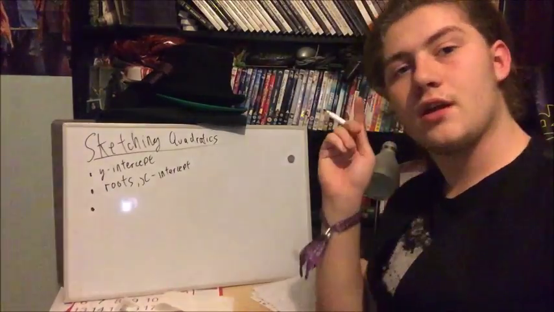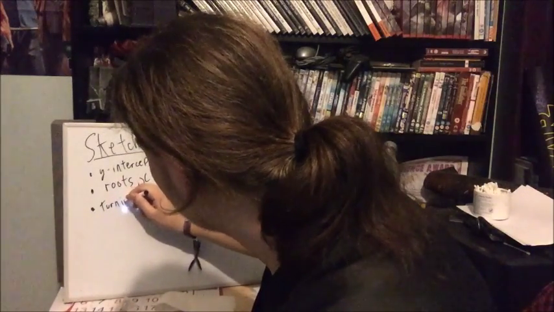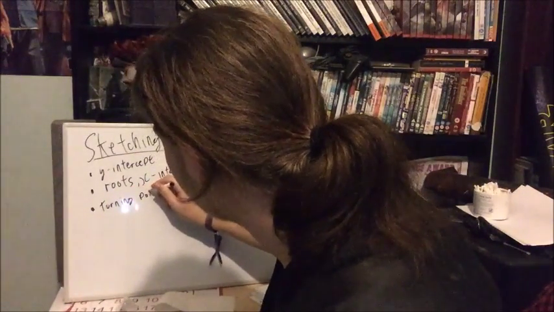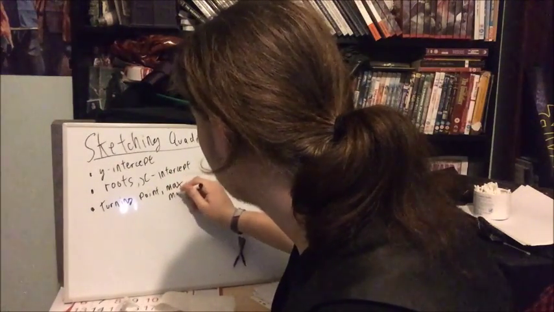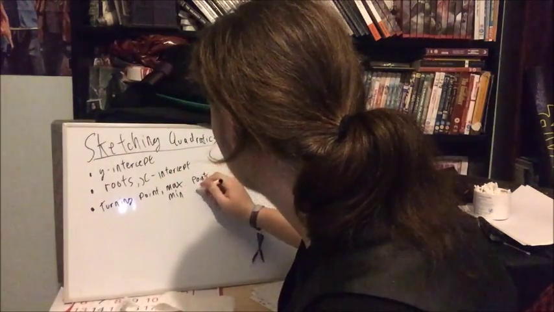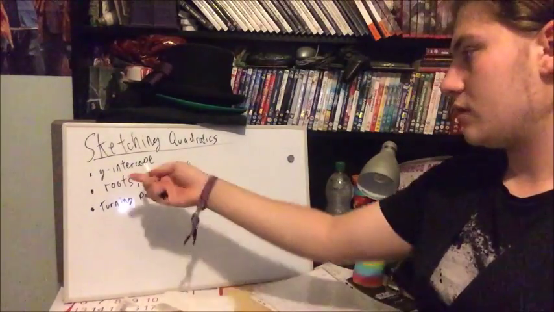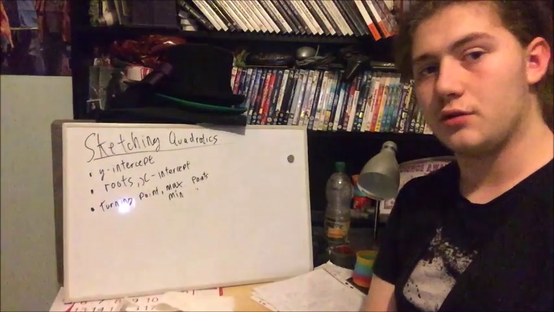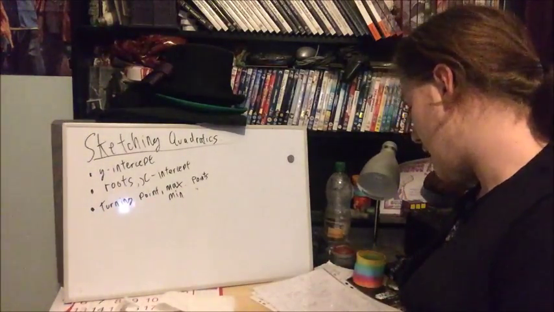The turning points, or you can also call these maximum or minimum points. I'm just going to call them maximum points. Those are the 1, 2, 3 things that you're probably going to want to find when you're sketching a quadratic.